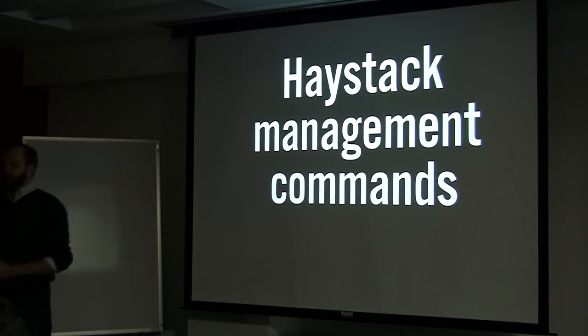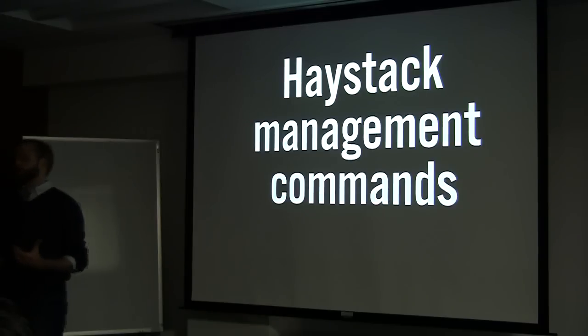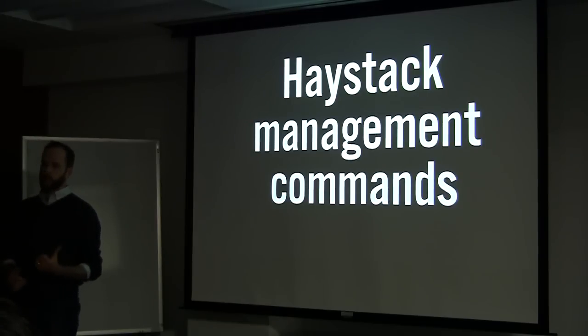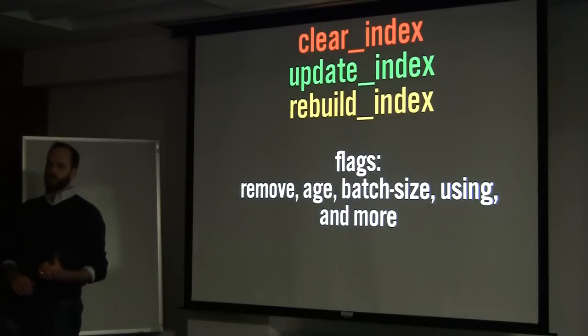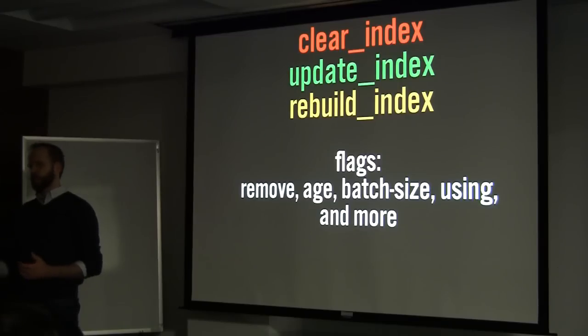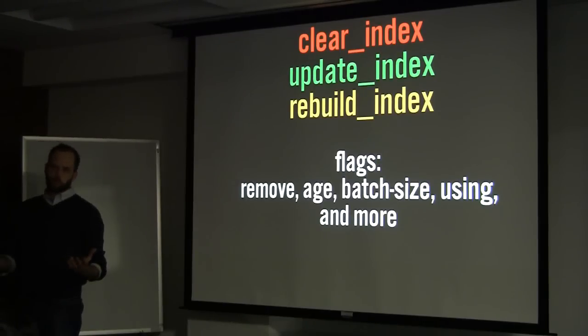I mentioned getting data into your search engine. One of the ways you're going to do this is by using some of the management commands that ship with Haystack. With these commands, you can clear your index, build it, or rebuild it, which is just chaining those two commands together. You basically have all the control you will need over cleaning, updating, or adding new data to your search engine.